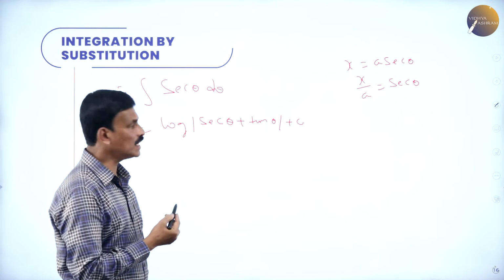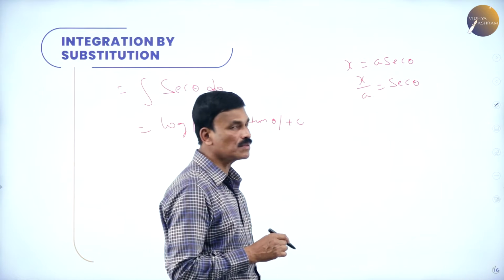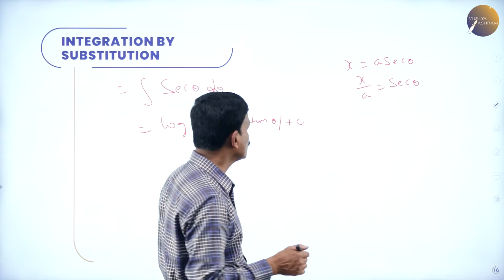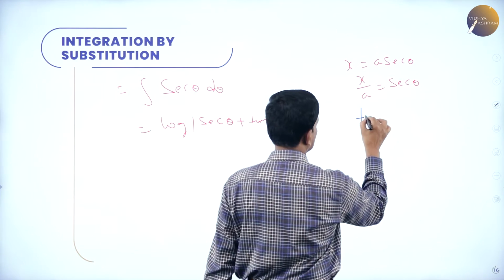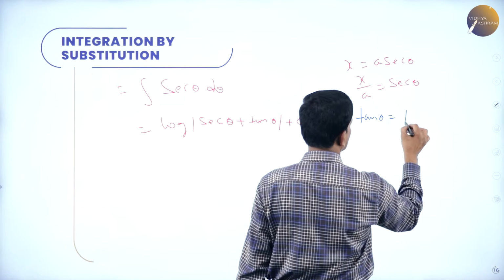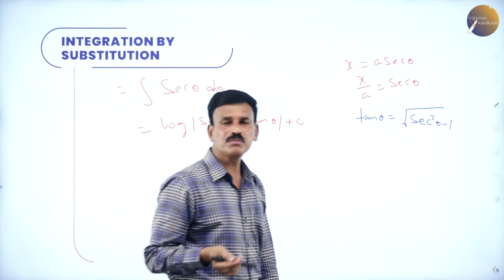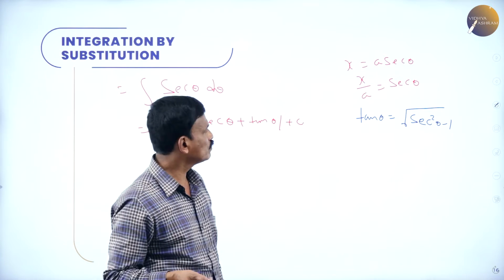Now secant theta is x by a. For tan theta, just write down tan theta is equal to root of secant square theta minus 1, because 1 plus tan square is equal to secant square.